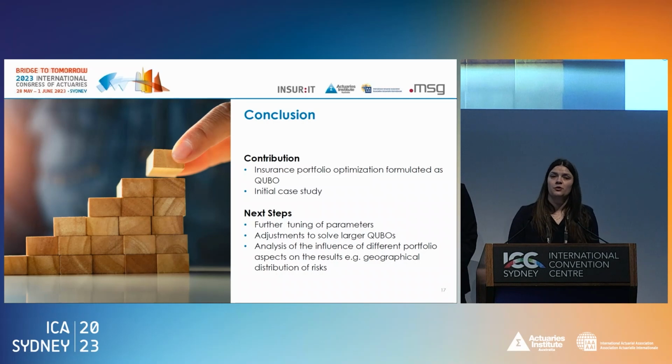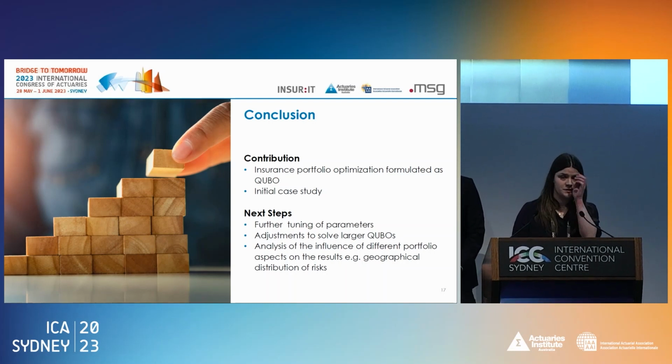We also could improve our implementation to be able to solve larger QUBOs. And an interesting part could be the analysis of the influence of different aspects in the portfolio, such as the geographical distribution, if they have any impact on the results, and if there are portfolios that work better or worse for the optimization.